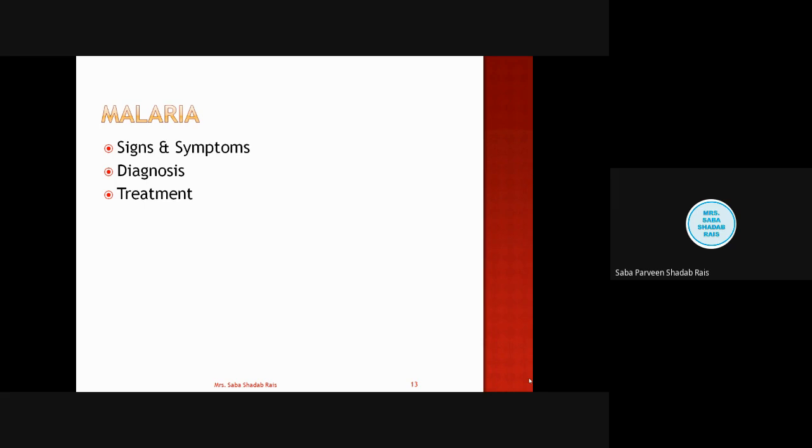Now once the antigens have been captured, what will happen? An antigen antibody complex will form, and this will give a visible line. So if malarial antigen is present in the blood sample, the antigen antibody complex will form a special line.